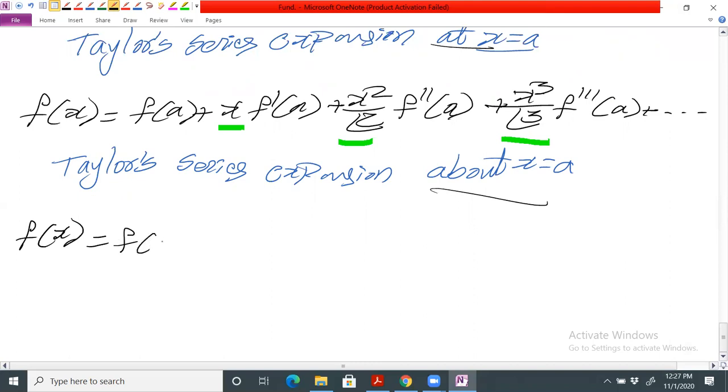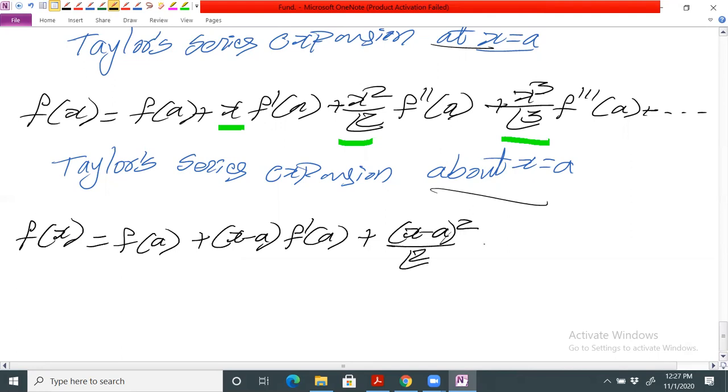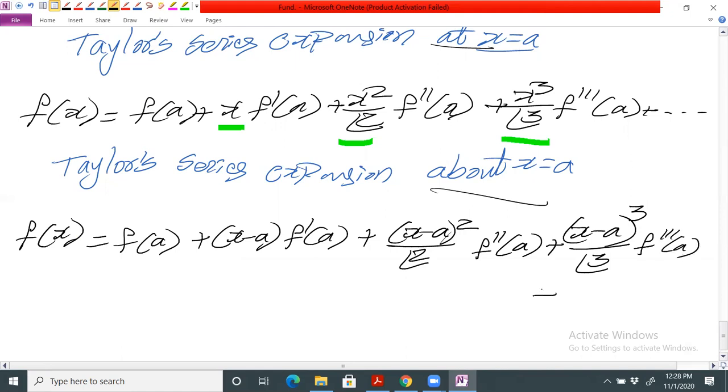So f of x equals f of a plus, in place of x, we take x minus a into f dash of a, plus x minus a whole square by factorial 2 into f double dash of a, plus x minus a whole cube by factorial 3 into f triple dash of a. Like this we can continue.